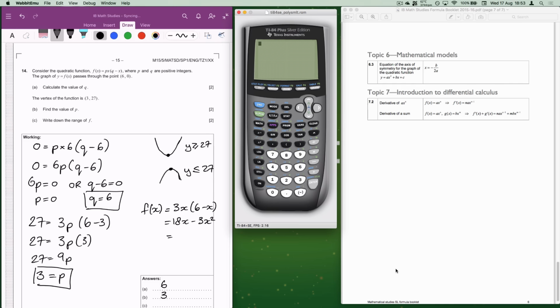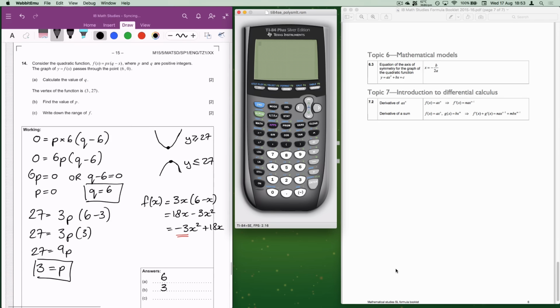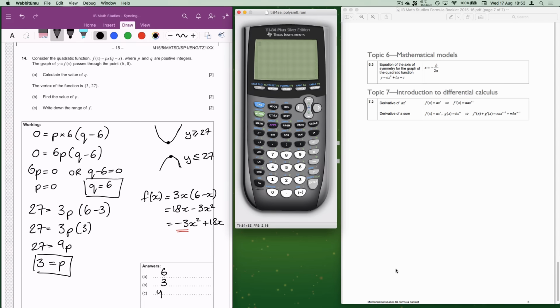And if we write this in the order that we're normally used to, minus 3x squared plus 18x, that tells us that we have an unhappy graph, because the coefficient of the x squared, this minus 3, is negative. So that tells me then that because that's negative, y has to be less than or equal to 27, and that's the range of the function.